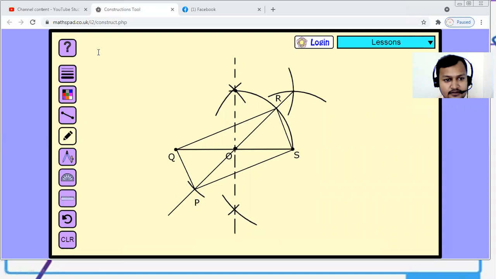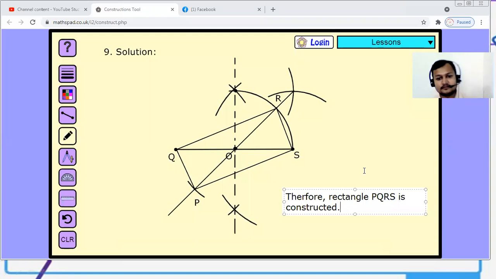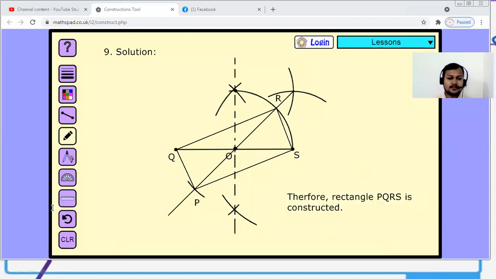This is the solution of question number 9. What do we have to write at last? Therefore, rectangle PQRS is constructed in this way. The solution of our question number 9 is completed.